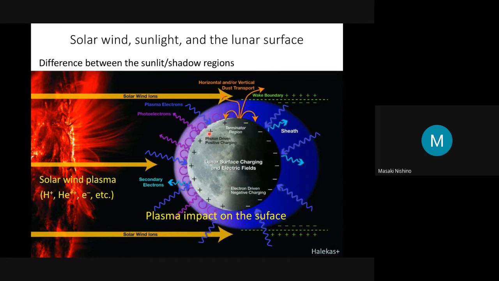So relatively speaking, the lunar day-side surface is positively charged. On the other hand, the lunar night side is negatively charged because the solar wind electrons can access it much more easily than solar wind ions.